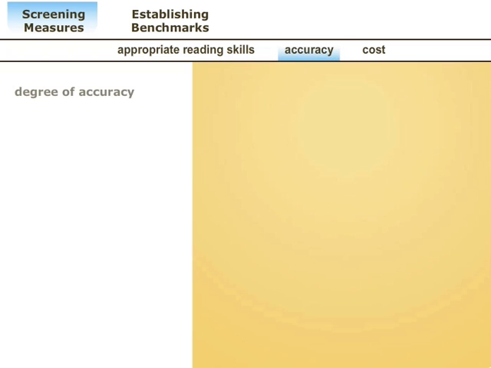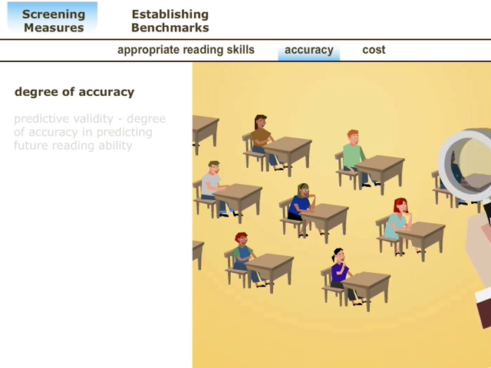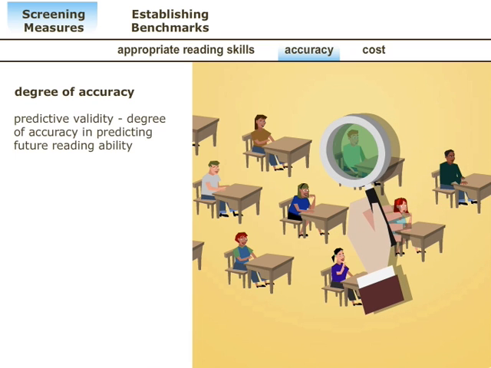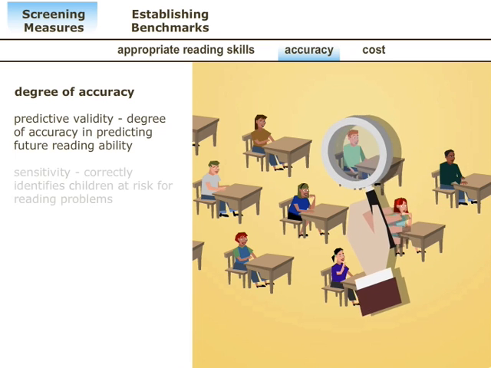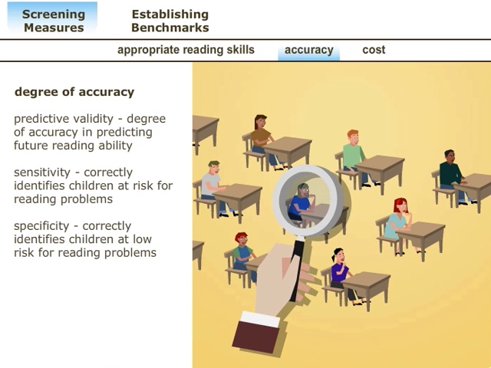The accuracy of any given screening measure in predicting future reading ability is referred to as its predictive validity. Predictive validity has two aspects: its sensitivity, the degree of accuracy with which it correctly identifies students at risk for reading difficulties, and its specificity, its accuracy in identifying students at low risk for such difficulties.